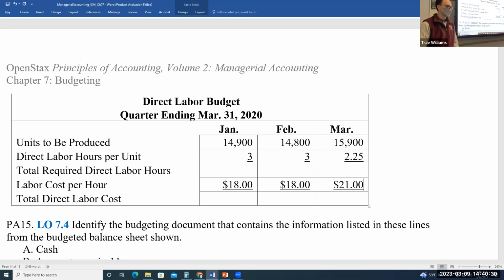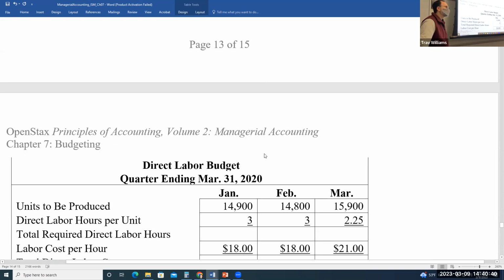Mm-hmm. What would be an instance in why that would occur? Because it does mention that the labor hours are reduced. Yeah, so in this example, what they're saying is in April, they're getting this new machine. So the workers won't have to work as many hours because the machine makes things more efficient. But the machine requires a higher level of skill.